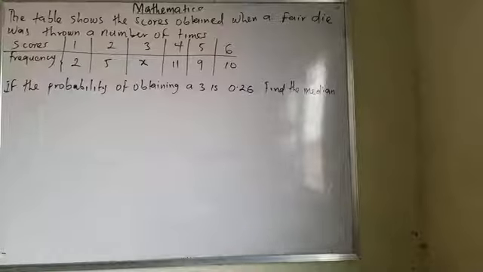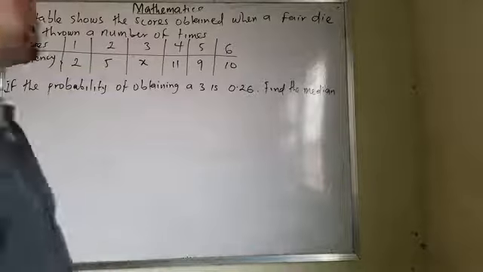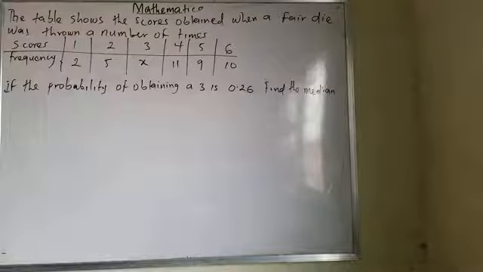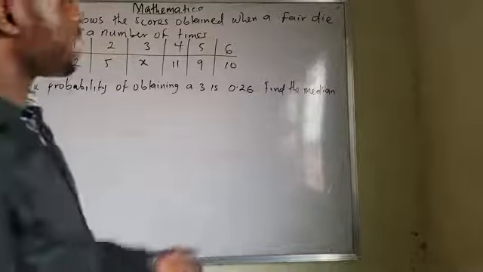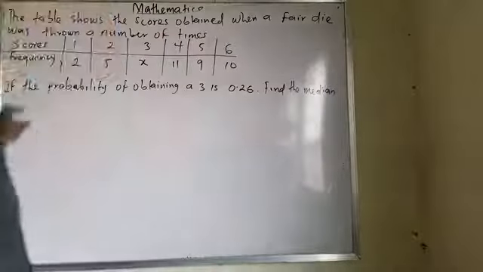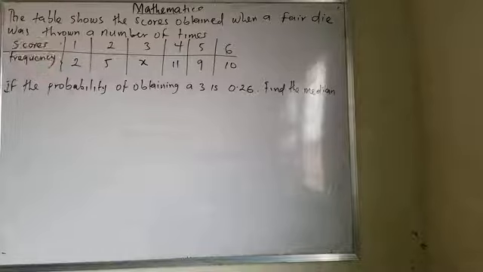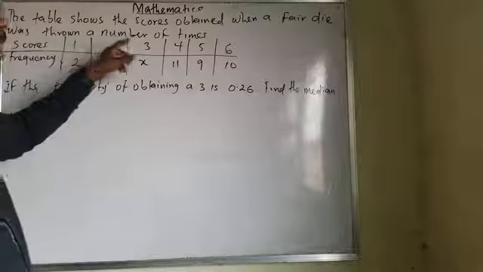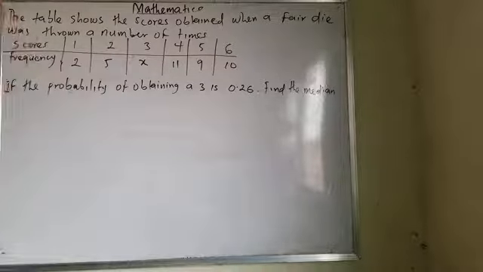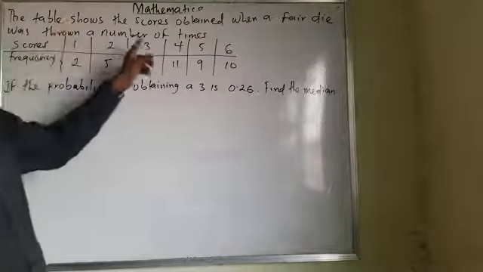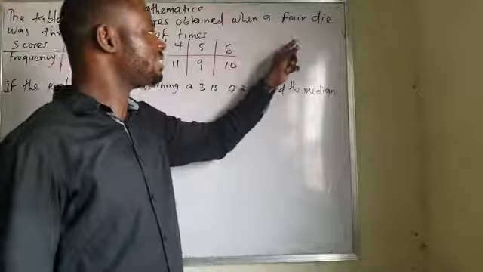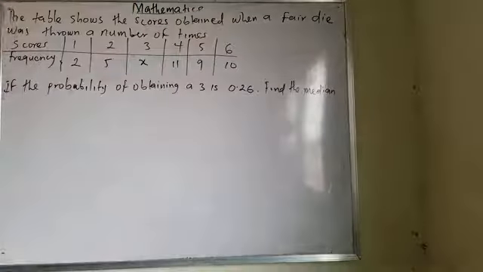Don't forget you are home with Further Solutions Academy. Okay, let me show another example on median, which will be the last example of median. The table shows the scores obtained when a fair die was thrown, and the number of times.